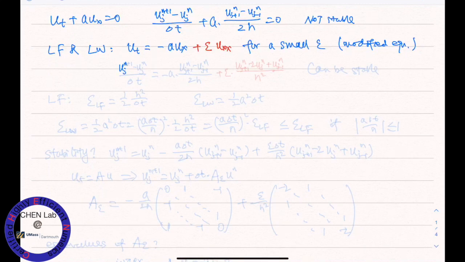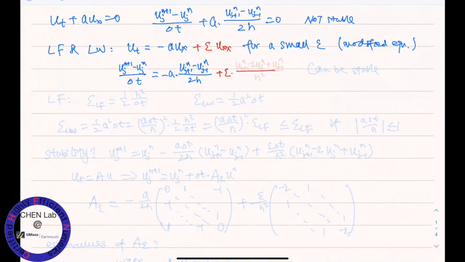So we have (u_j^{n+1} minus u_j^n) divided by delta t. This is negative a times the centered scheme, (u_{j+1}^n minus u_{j-1}^n) divided by 2h, and we're going to add epsilon times u_xx.